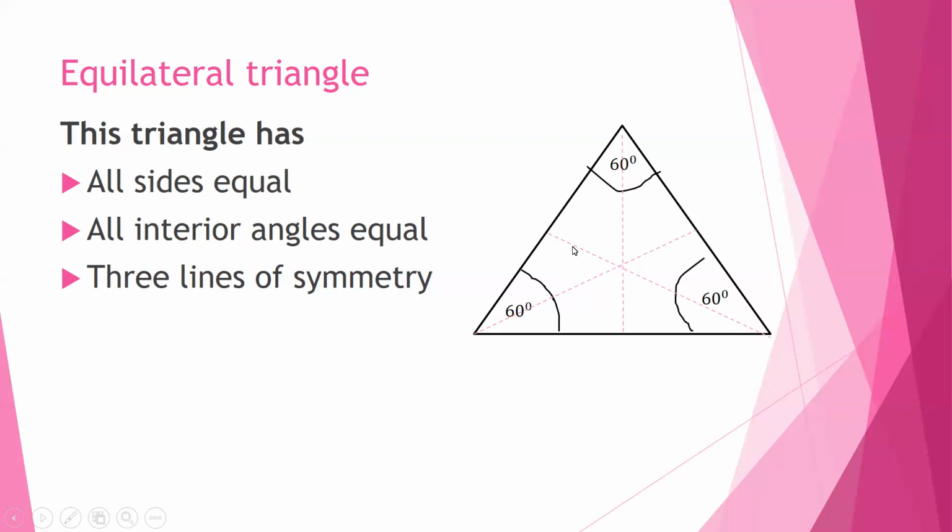Same applies to this. Though this triangle is not drawn to scale, if it were drawn to scale, you see it's exactly as I'm saying. This has also bisected this angle and it bisects this line too. So it has 3 lines of symmetry. You can always be asked how many lines of symmetry an equilateral triangle has. You should be able to say that it has 3.